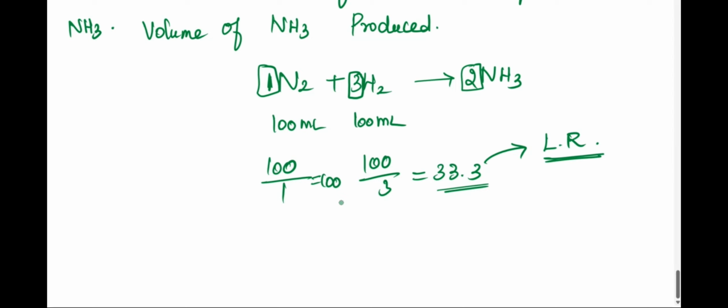So once we have found the limiting reagent, the next step is to find the volume of the product. The reaction depends on hydrogen consumption, right? 3:2 ratio. 3 moles of hydrogen for 2 moles of ammonia. So I can take 3 ml of hydrogen to produce 2 ml of ammonia, right?